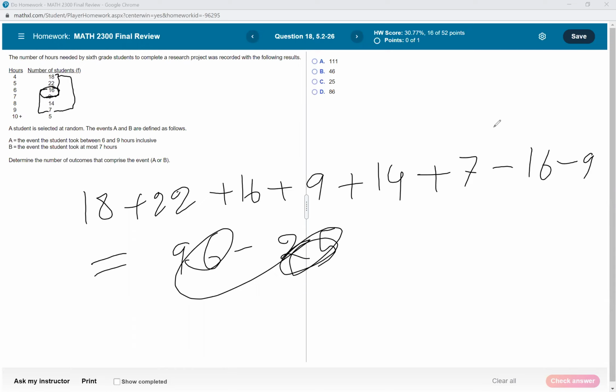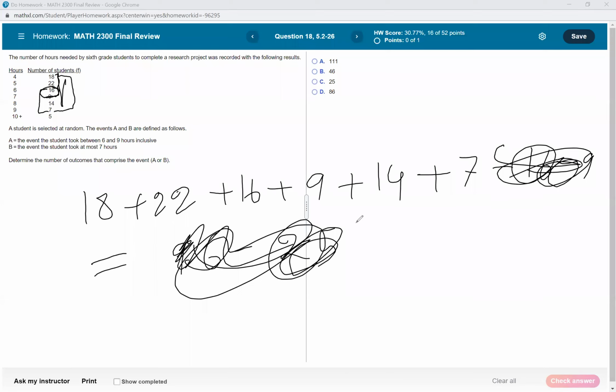Actually, I told you wrong. We didn't actually count twice, because we are just counting once. So this is actually 86.